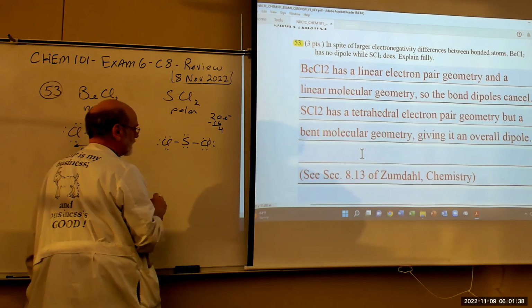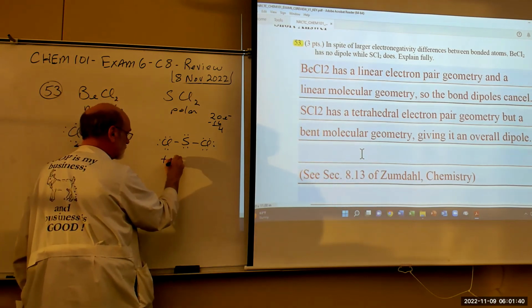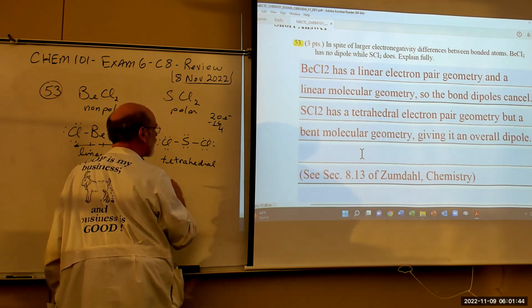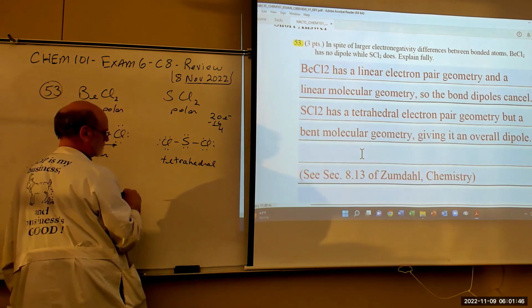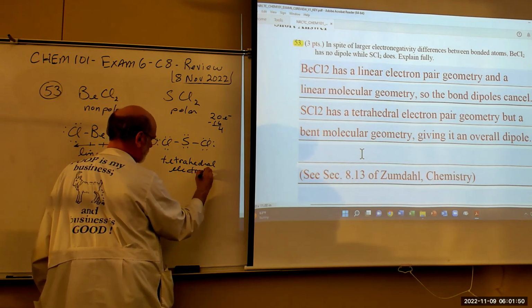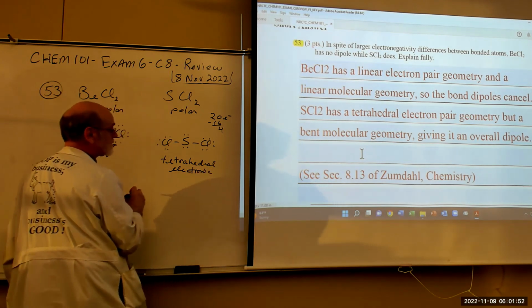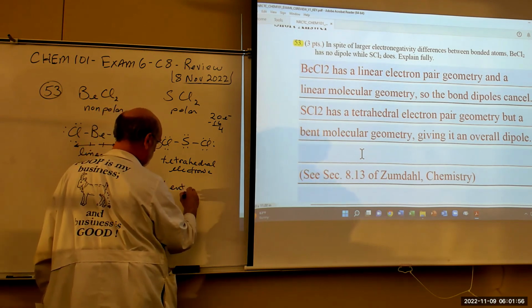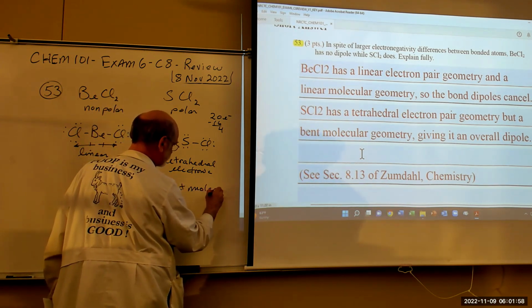There. This one is going to be tetrahedral, electronic geometry, and bent, molecular geometry.